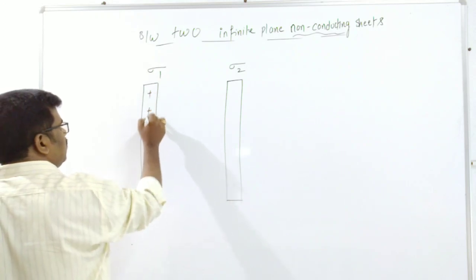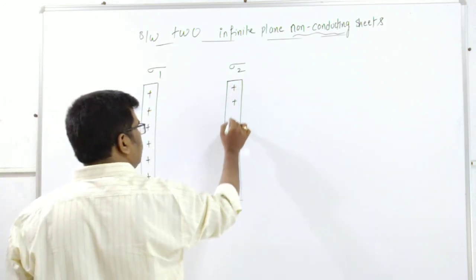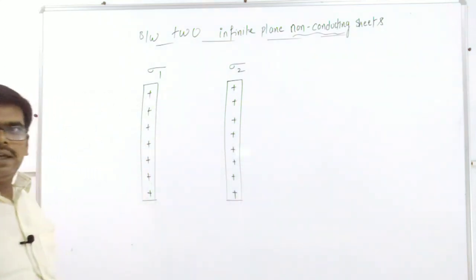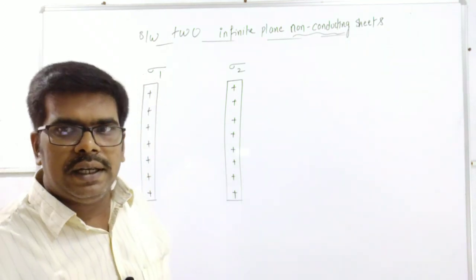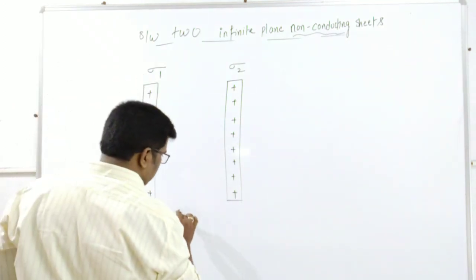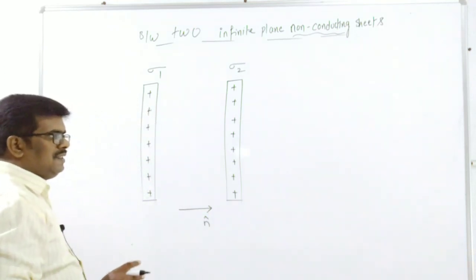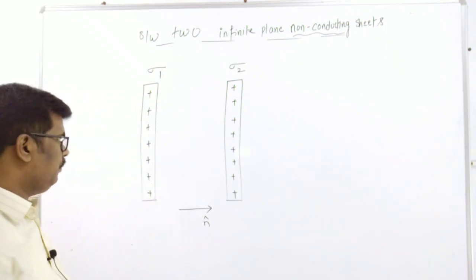And I am taking the electric field intensity unit vector in the right hand side direction, that is n cap. So this n cap is nothing but the electric field intensity direction we are taking.